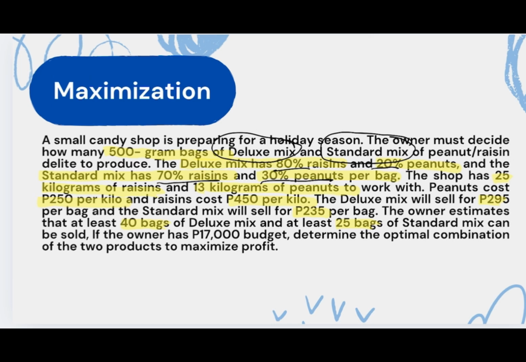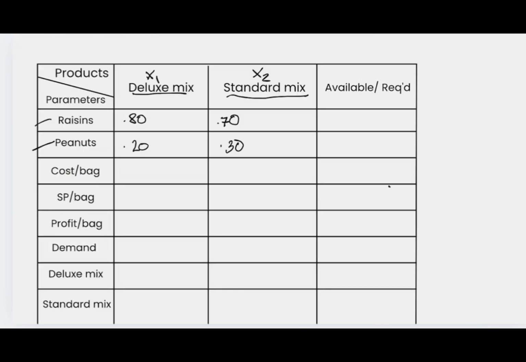The problem says how many 500-gram bags, so it's 500 grams that is being referred to. We have to multiply this by 500. So, 0.80 times 500 is 400 grams.